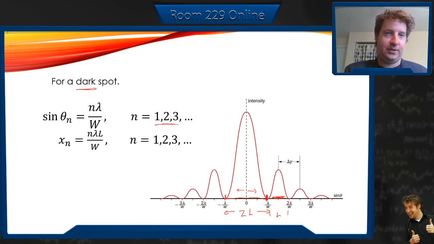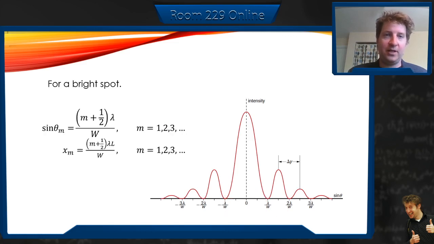So for single slit diffraction, you have to be very careful which formula we're using. The only difference here is instead of d, it's now w for the width. And the same thing for the bright spots. It's now what was the dark spot or dark fringe equation from the double slit diffraction.